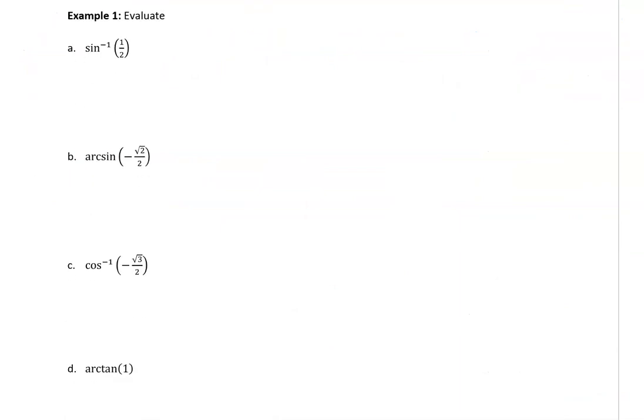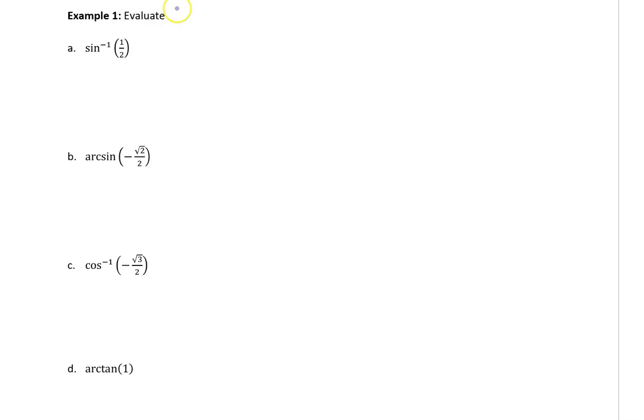So the first thing that we're going to do is look at evaluating these, because I want you to understand what is going on. And as always with anything in these chapters here at the end of the course, a picture is going to help you as you go. So with this, you can see I want to evaluate all these functions.